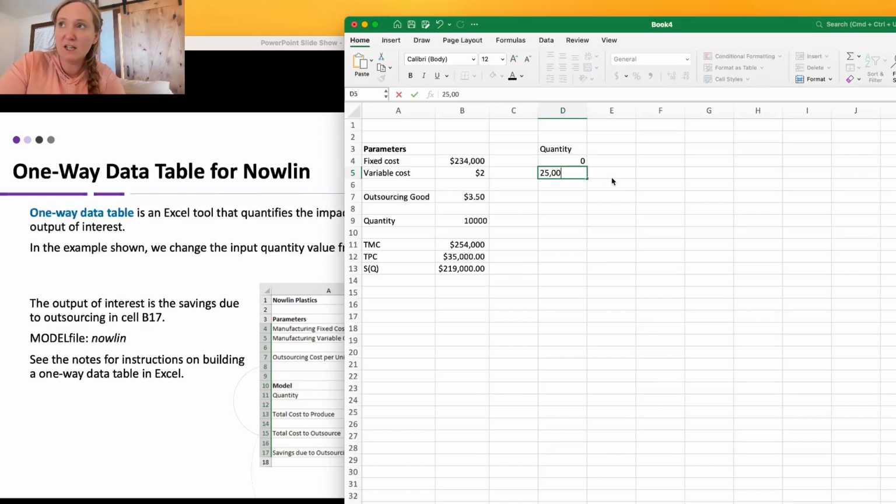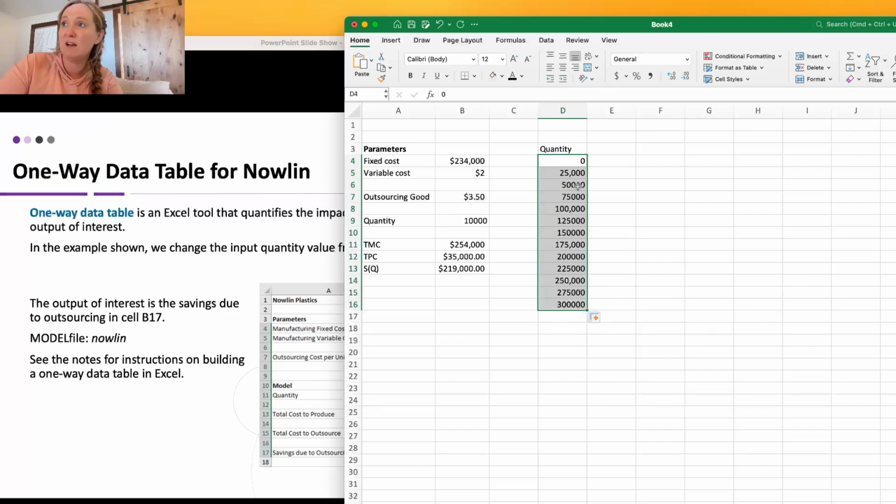We might be interested in maybe 25,000, 50,000, and now that we have our increments in Excel, we can grab this and bring it down all the way to 300,000, right? So we have for our first 25,000 units, 50,000 units, 75,000 units, 100,000, all the way to 300,000 units in quantity, to see where this threshold of the make or buy decision is.